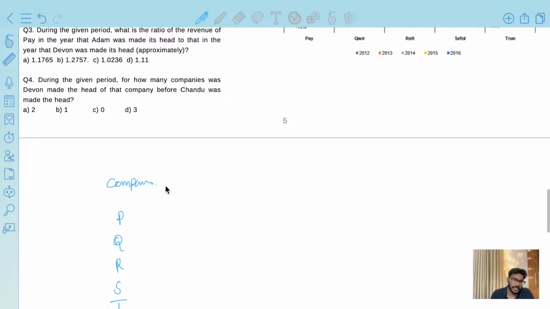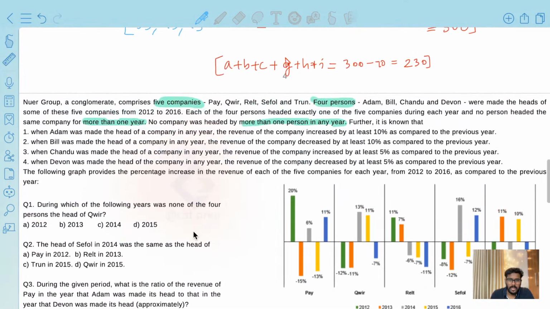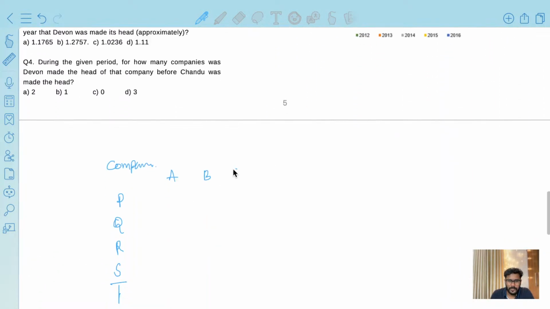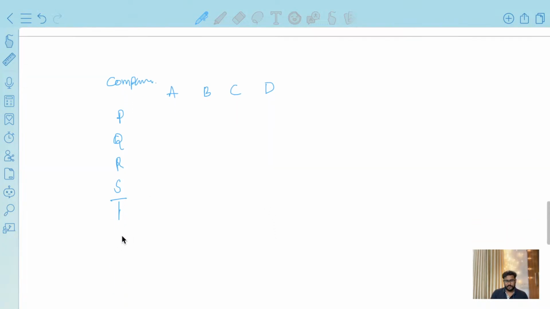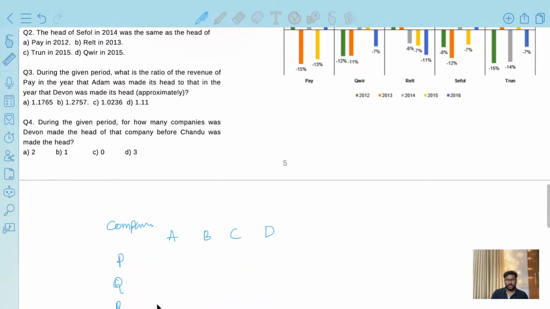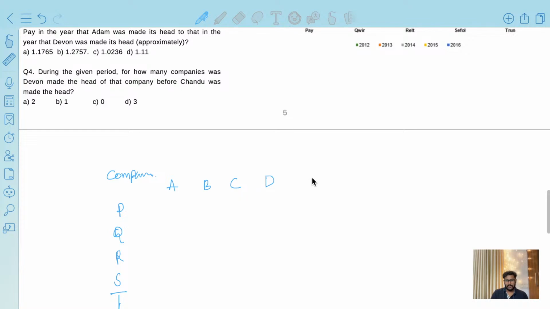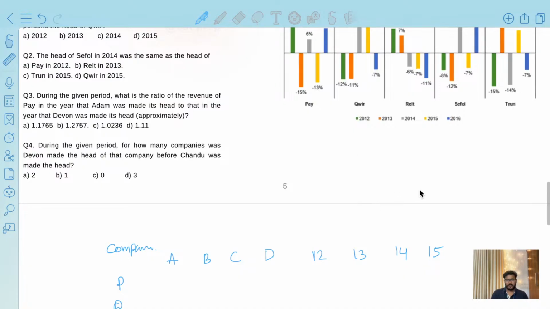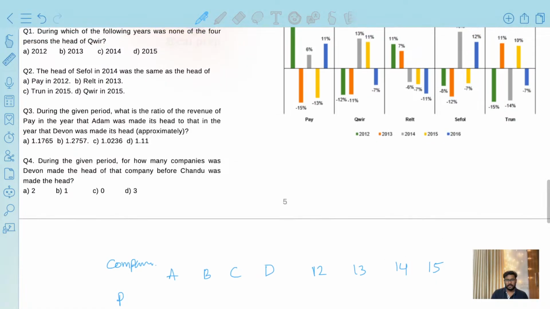And heads A, B, C, and D. Now, which year? 2012, 13, 14, 15, 16.